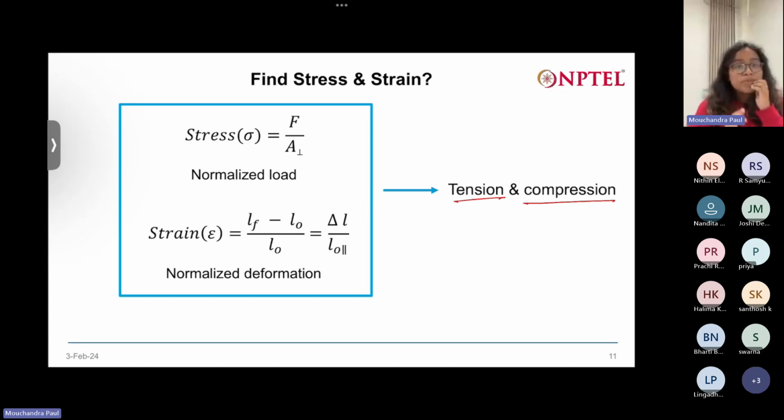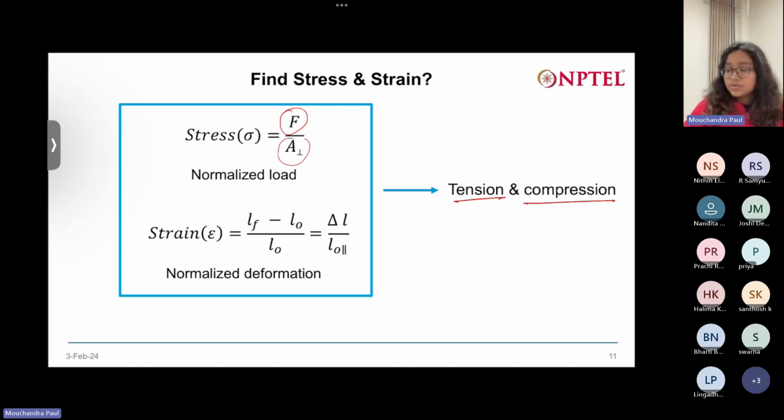We use normalized quantities like stress and strain. So stress in the presence of tension and compression is given by the ratio of the external force that you have applied, normalized by dividing by the area perpendicular to the direction of the force.